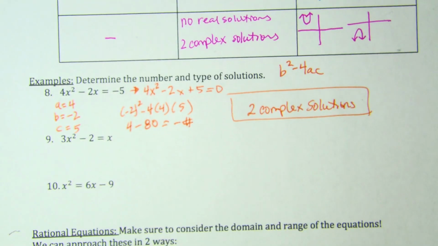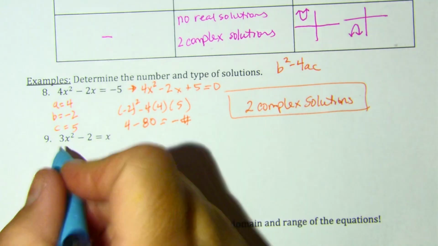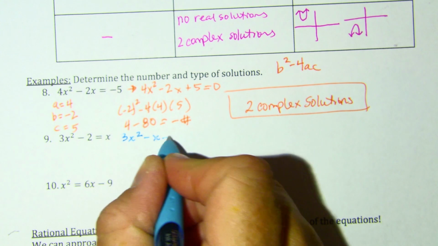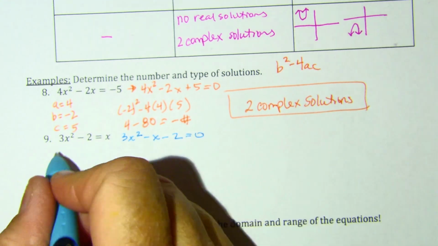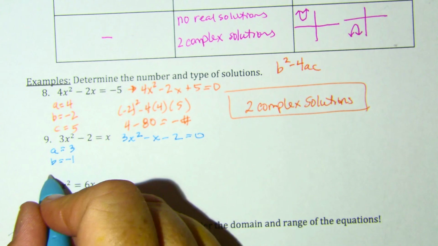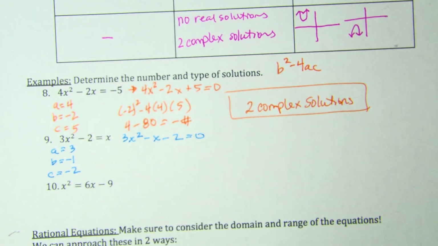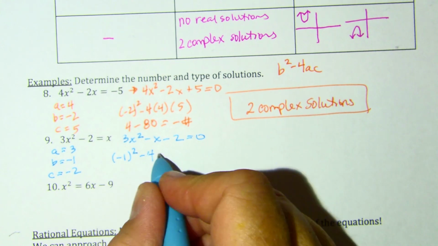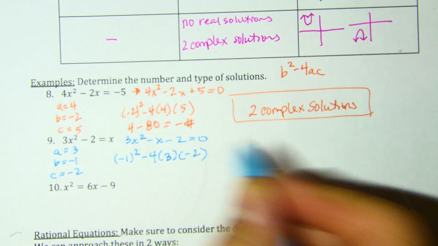Okay. The next example, again, I need to get into standard form. So 3x squared minus x minus 2 equals 0. A is 3, b is negative 1, and c is negative 2. So b, negative 1 squared minus 4 times 3 times negative 2.